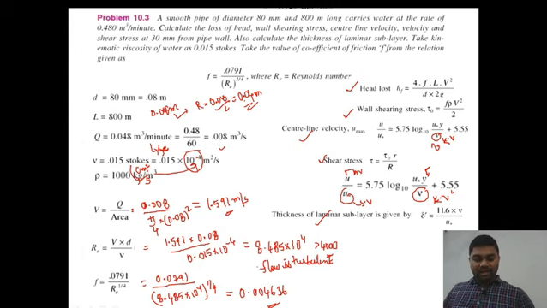So, after finding the value of coefficient of friction, let us find out our main required things: head loss, wall shearing stress, center line velocity, shear stresses, and thickness of laminar sublayer.